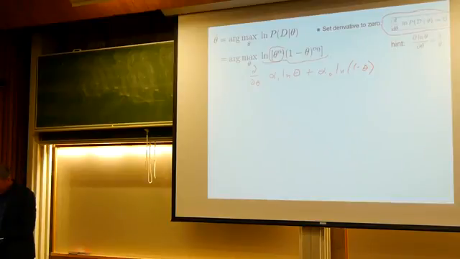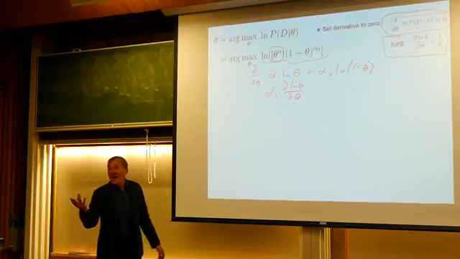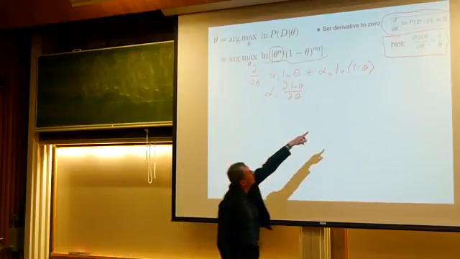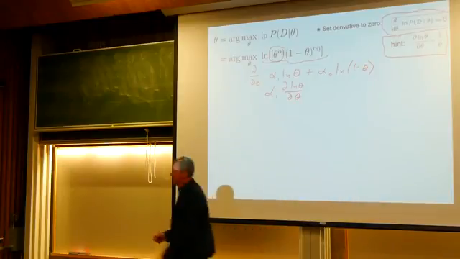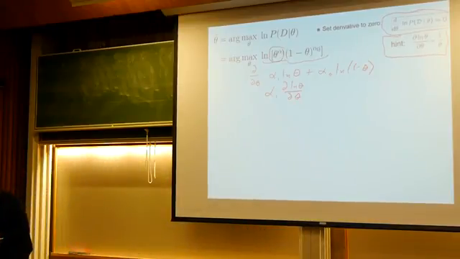Okay? And now, since this is a sum, I can just take the derivative of each one. So here we have alpha 1 times the derivative of log theta with respect to theta. But see, I put this little nice hint in the corner here. In case you forgot, as I had, and I had to look it up, the derivative of the log of theta with respect to theta is just 1 over theta. So I'm just going to use that fact.